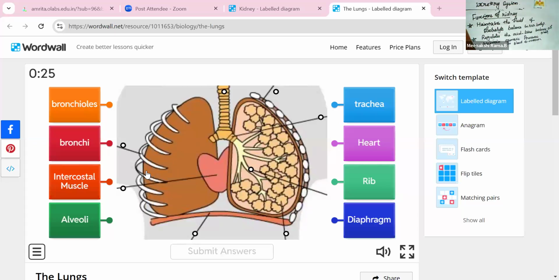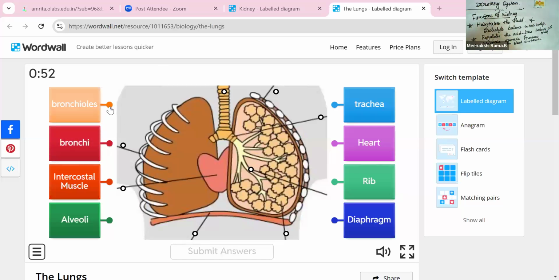There are two lungs present in our body, the left lung and the right lung. I think I already explained the parts of the lungs. So, do you know the exact parts? Students, do you know the correct parts of the lungs?